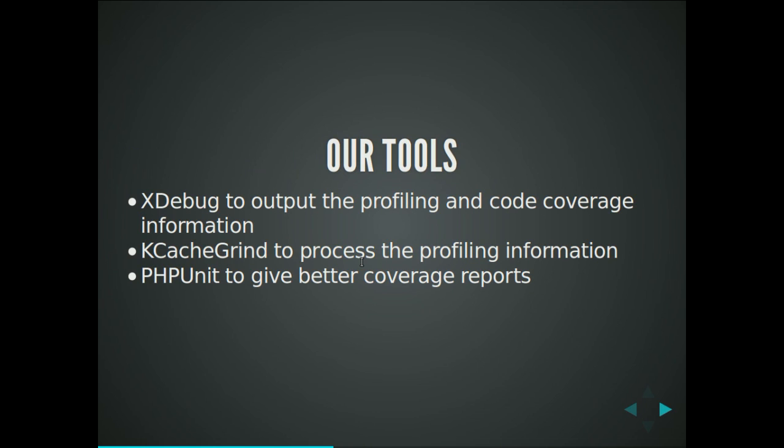One is profiler_enable, which tells XDebug while the code is running, I need you to track the profiler information. I'm going to define the profiler output directory, which will just tell it where to put the file. I'm also going to set the output name. And that's it for now. That's all that really matters.